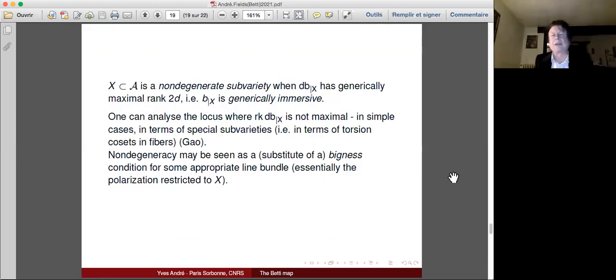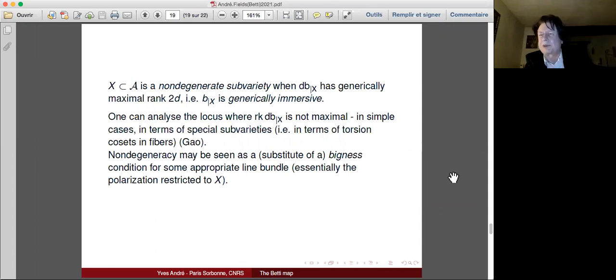So now the definition is that a subvariety X of an abelian scheme A over S is non-degenerate if the derivative of this second Betti map, restricted to X, has generically maximal rank 2d. That is, if B restricted to X is generically immersive.